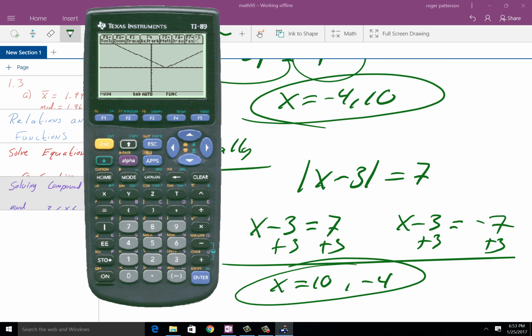It's math, and then you move over to the right to go to num. And it's number 1. Okay. I knew it was in there someplace. So if you're using that calculator, it would be math, num, ABS is right there. That's how you do that.